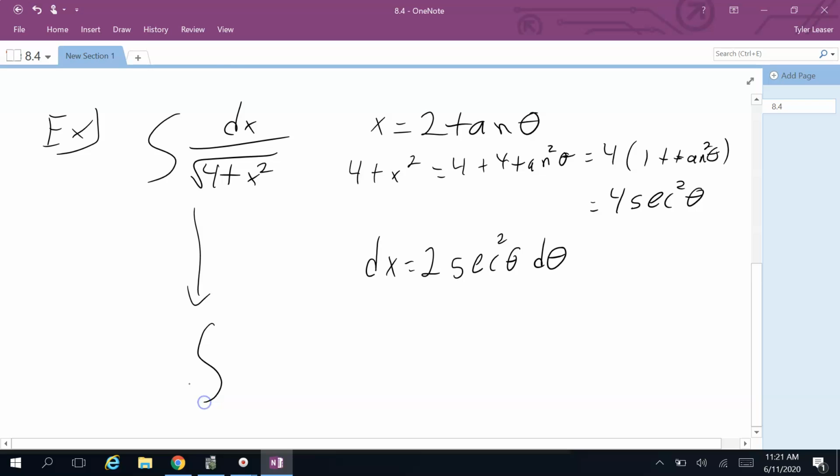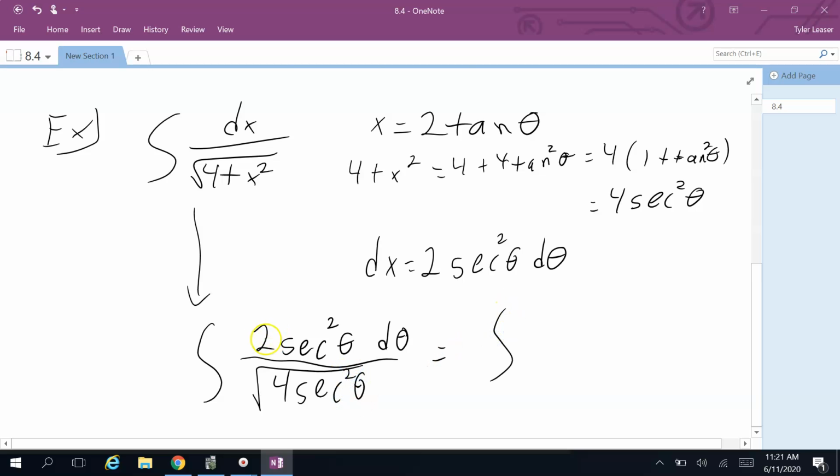So now my integral is going to be dx, where dx is 2 secant squared d theta, divided by the square root of 4 plus x squared, where 4 plus x squared is 4 secant squared. Okay? I have a 2 up top and a square root of 4, which is a 2 in the bottom, so my constants just disappear.